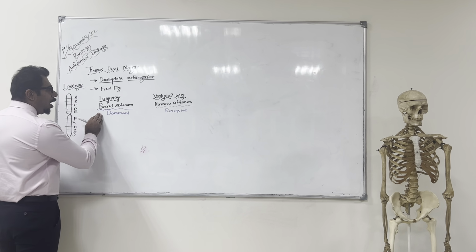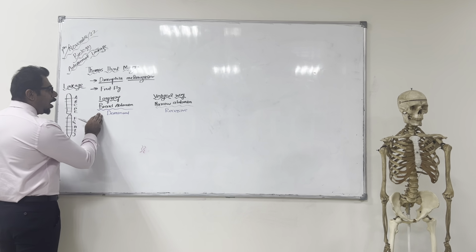We can prove this over here as well. What did he do? Now remember that this is P1. P1 means first parental generation. He took two breeds, long wing and broad abdomen, and vestigial wing and narrow abdomen.